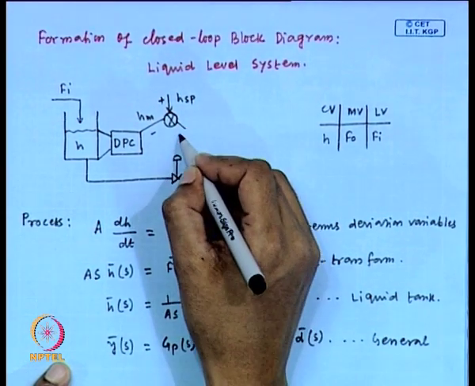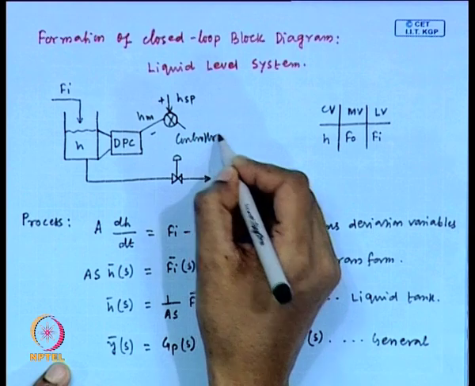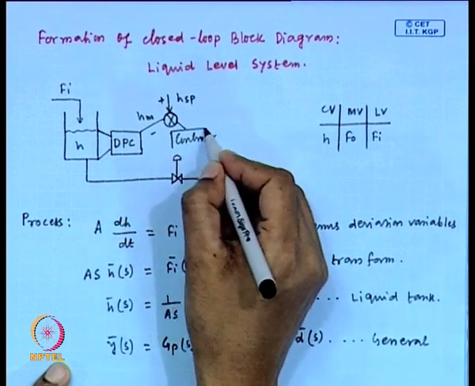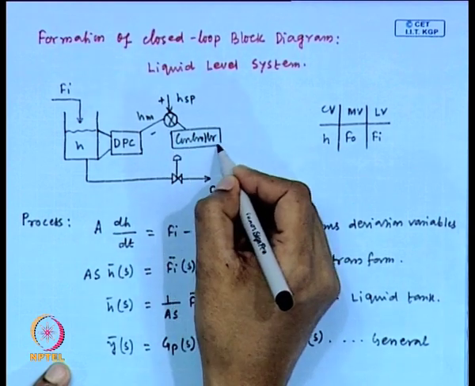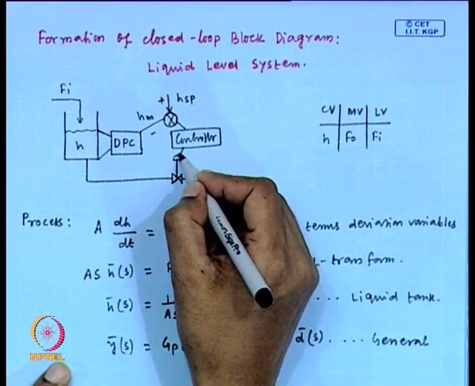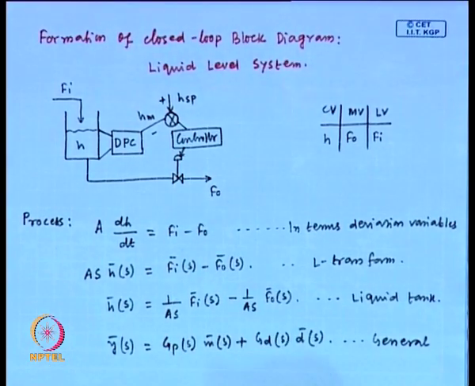Then this error signal is supplied to the controller, and controller action is implemented through the final control element. This is the control configuration of the example liquid level system.